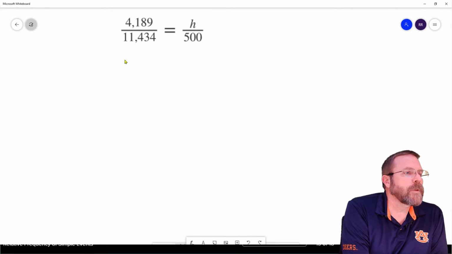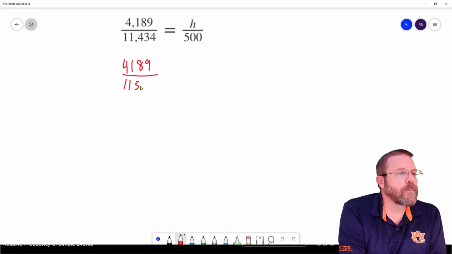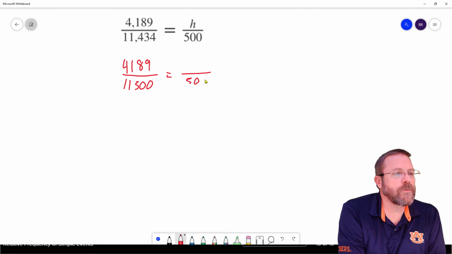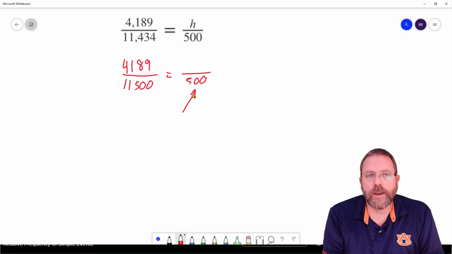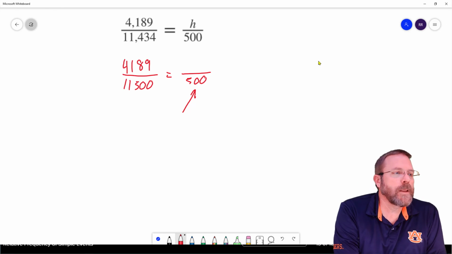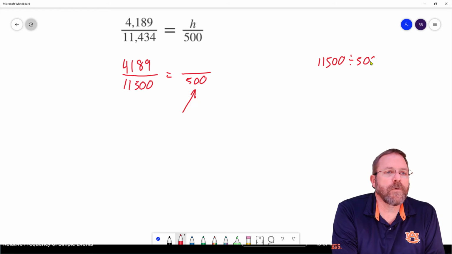Because they're estimating, they left the 4,189 alone, and this number here they rounded up to be that. The reason they chose that is because they wanted something divisible by 500. If you were to take the 11,500 and divide it by 500, you'd find that 500 goes into that 23 times.